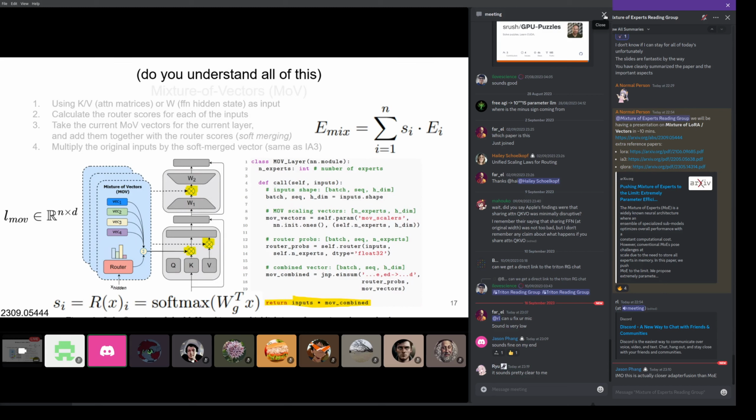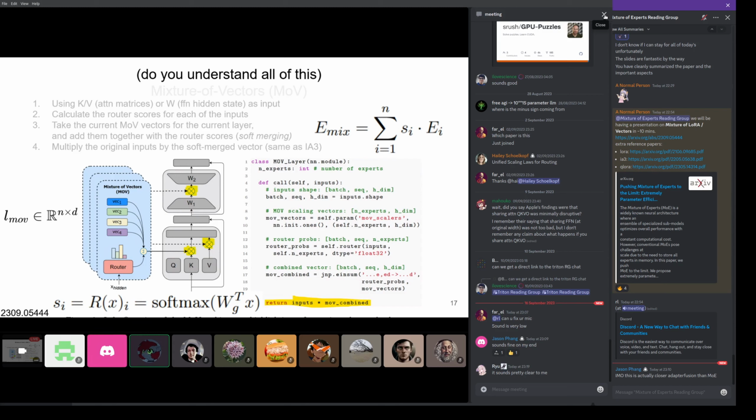Which is obviously an efficiency savings, but it also has this weird notion of what it is actually doing: it's generating a set of specialized IA3 or LoRa weights for that token or for that sentence. I think there are some experiments with it at the sentence level.